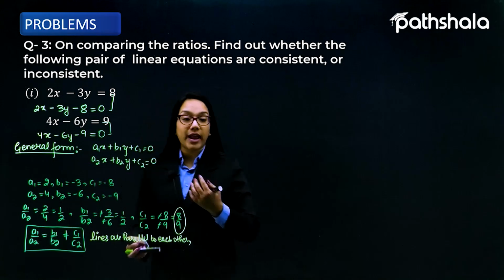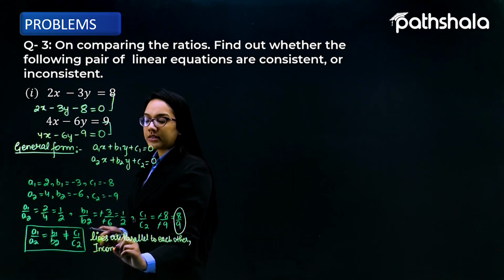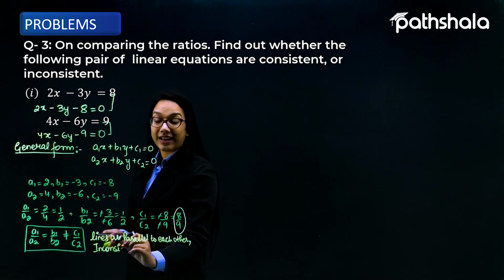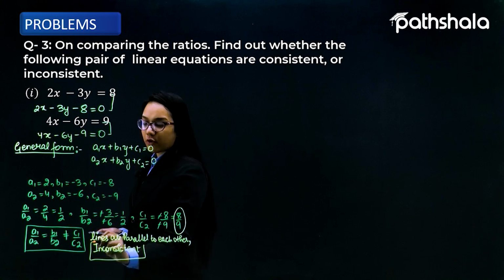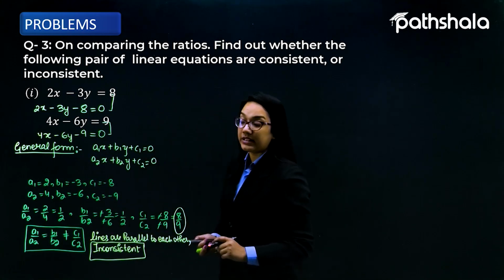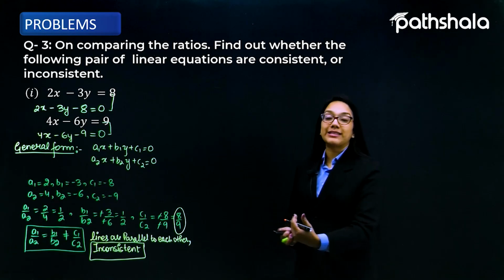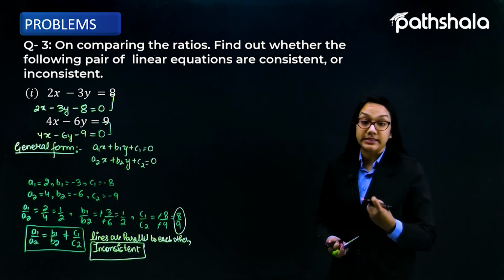If they do not have any solution, the pair is inconsistent. So the answer for this pair of linear equations is inconsistent, because the lines are parallel to each other.